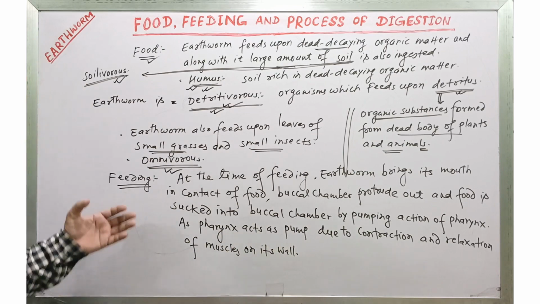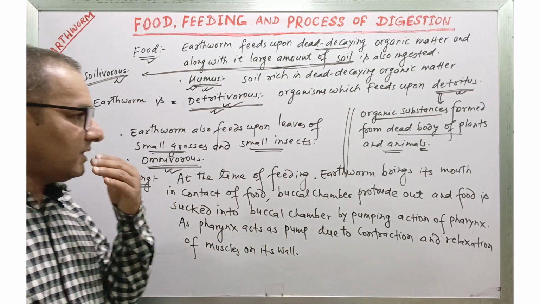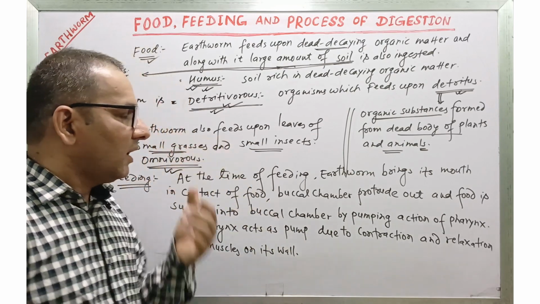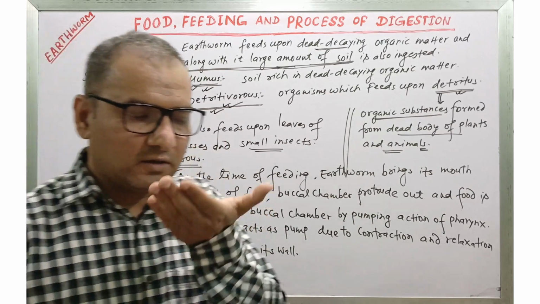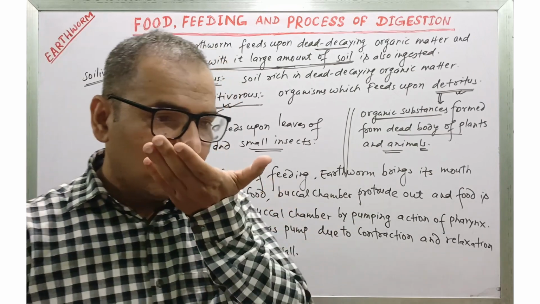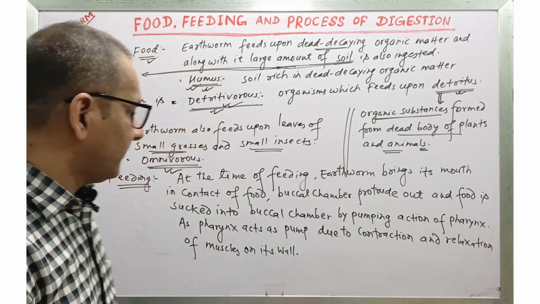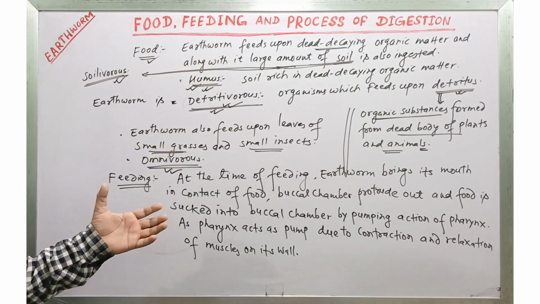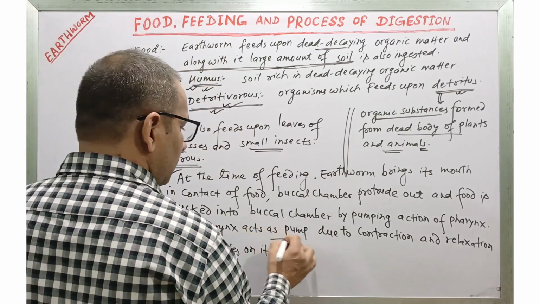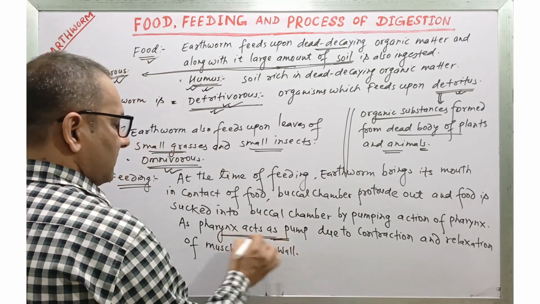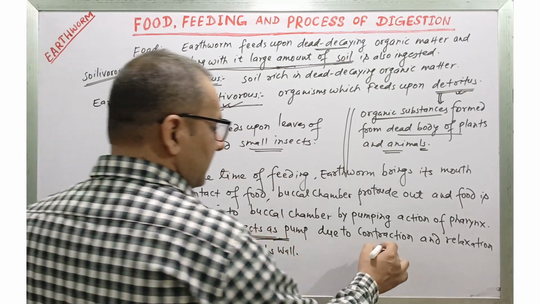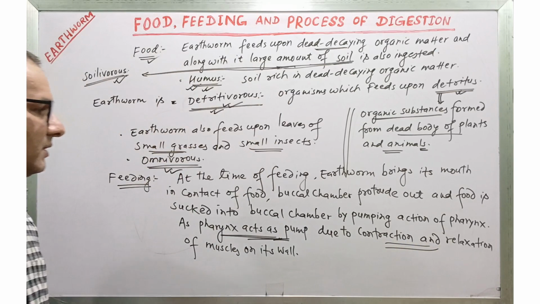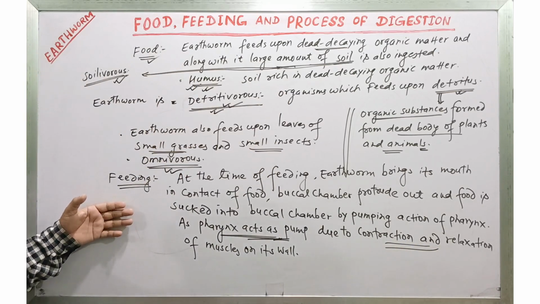So this is about the feeding. Earthworm brings its mouth in contact with the food and the food is sucked like this. Here is the food, mouth, like this the earthworm sucks the food. This is due to pumping action of the pharynx. The pharynx acts as pump and it is due to contraction and relaxation of the muscles. So this is about the feeding.